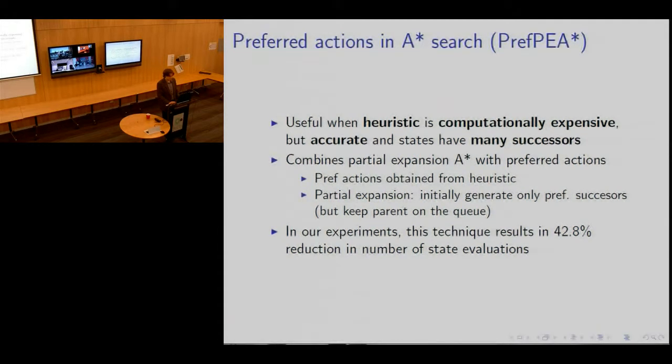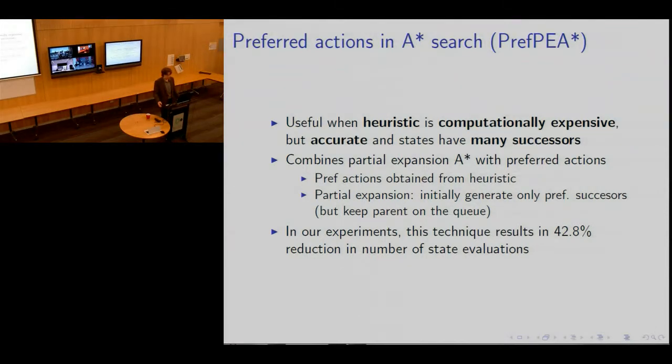Sort of as a side effect of computing the heuristic, we get this set of actions which we consider preferred actions, and the intuition behind this is that the actual plan is somewhat similar to the optimal delete relaxed plan.